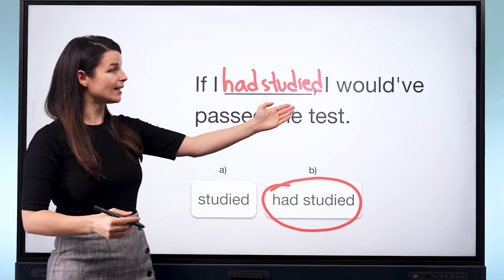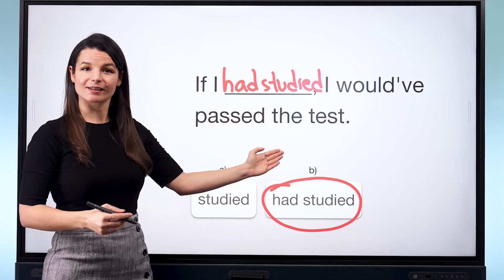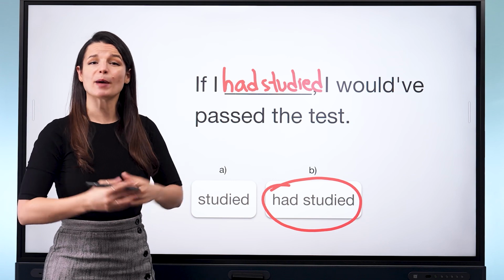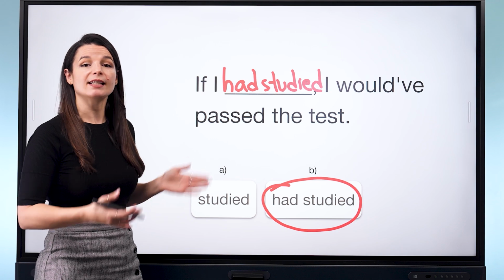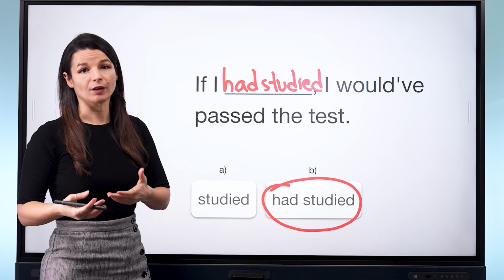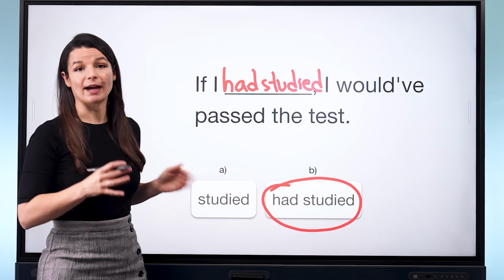If I had studied, I would have passed the test. While studied is the past participle, it needs had to be the past perfect. Just studied is not past perfect.